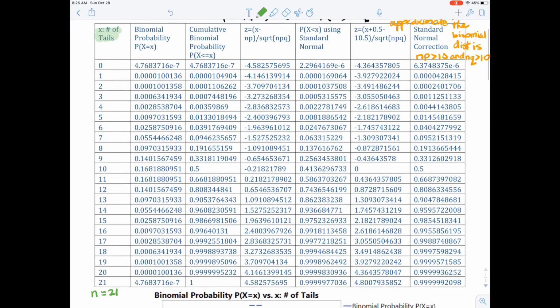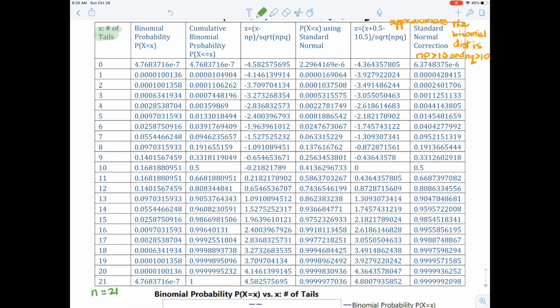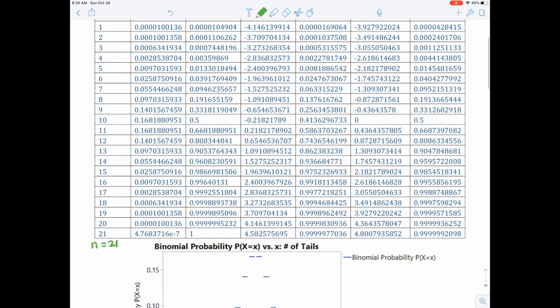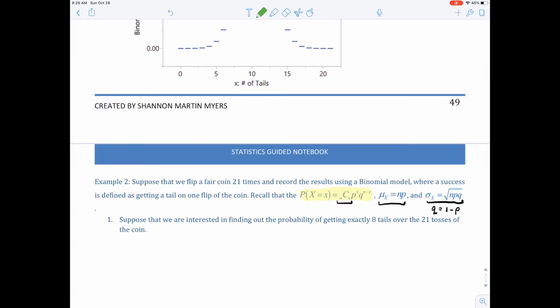And we've listed all the possibilities here. The only time there's only one way that you can have something happen is if you get 0 tails or if you get 21 tails, all right? Otherwise, remember, we take care of it with this portion right here, the n choose x.